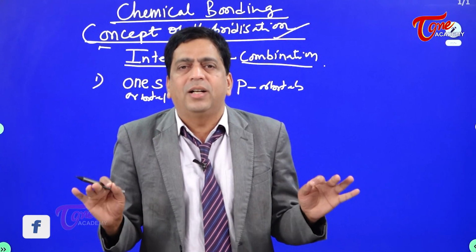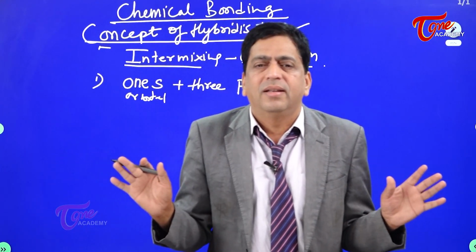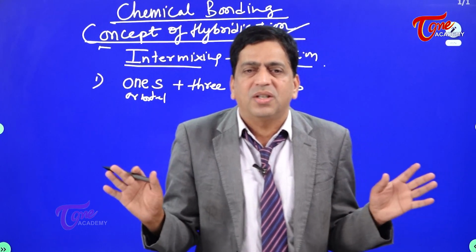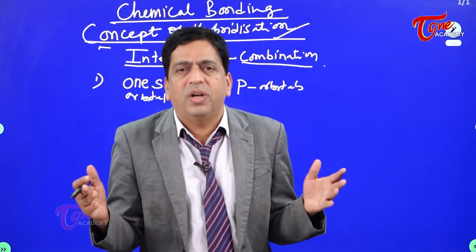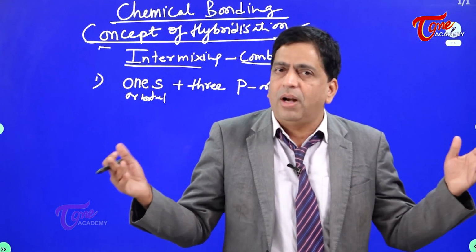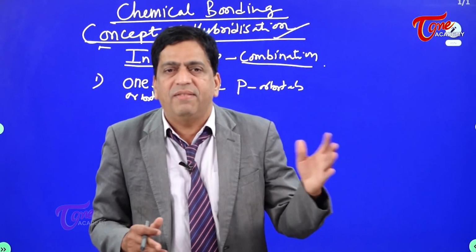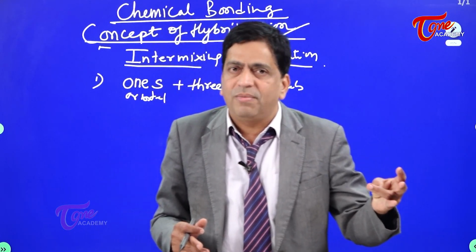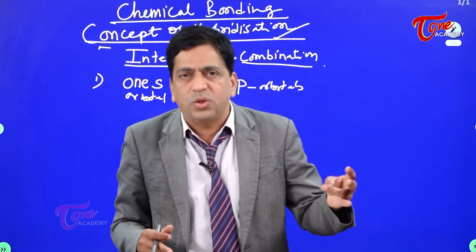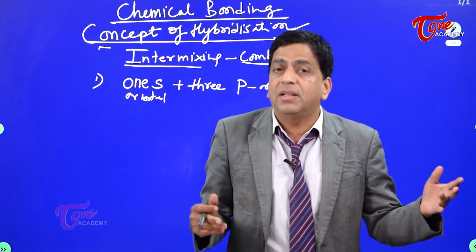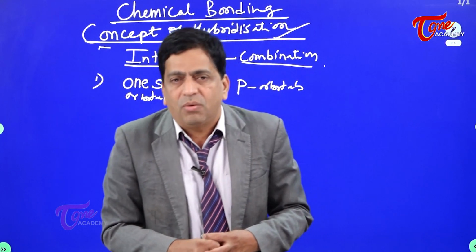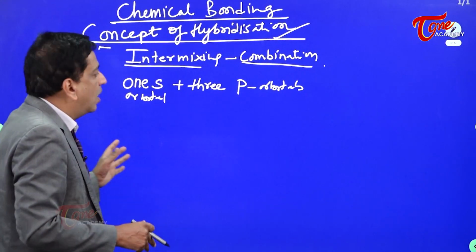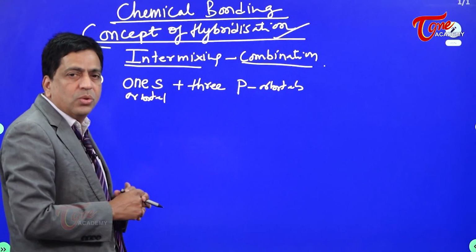So I'm getting ready to participate in bonding, and my bond angle will be fixed. There are several combinations, because once you have s, p, d, f, 1s and 1p can combine, 1s and 2p's can combine, or 1s and 3p's can combine. The first case I'm telling you is 1s and 3p orbitals.